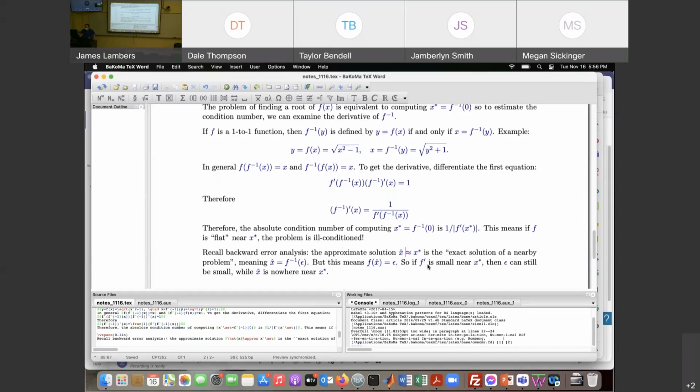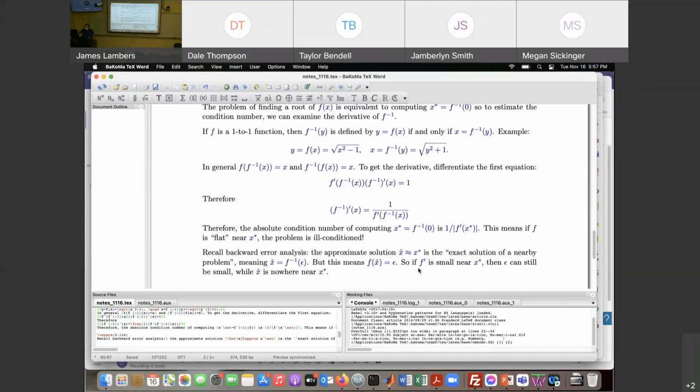Suppose that the derivative is small near the root, then what that means is, what is the derivative? It's a slope. So if the derivative is small, that means that the change in y is much smaller than the change in x. Well, the change in y is epsilon. The change in x is the difference between x hat and x star.